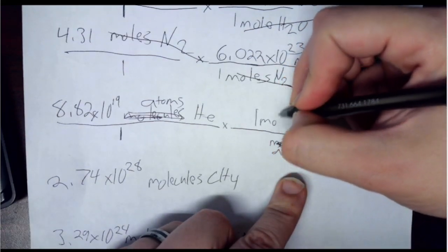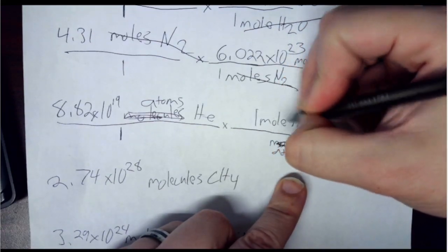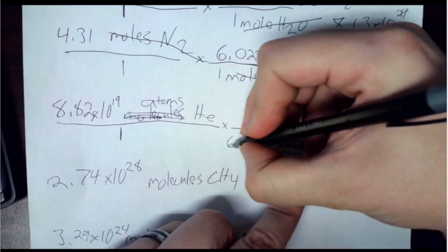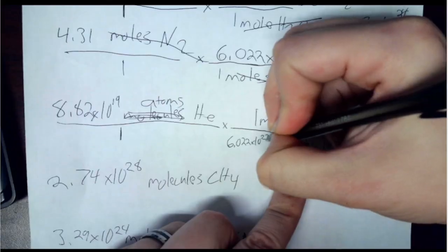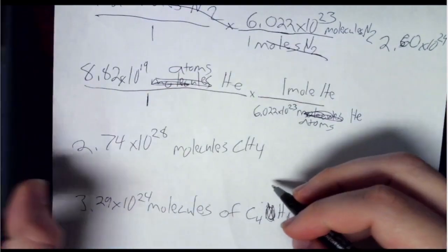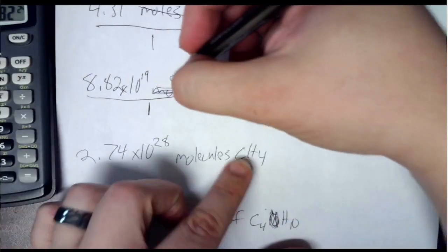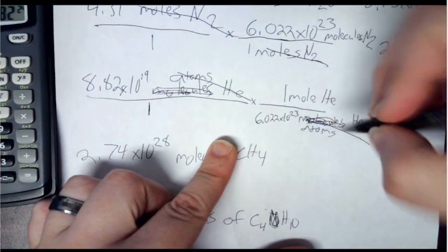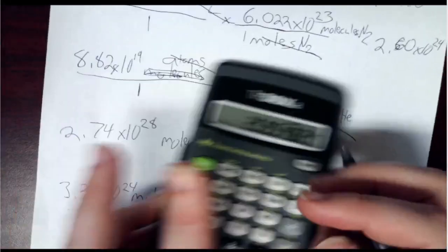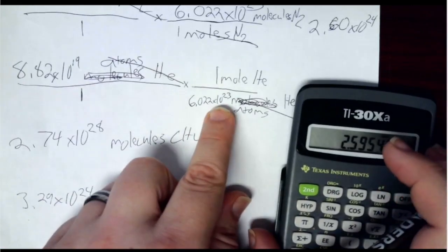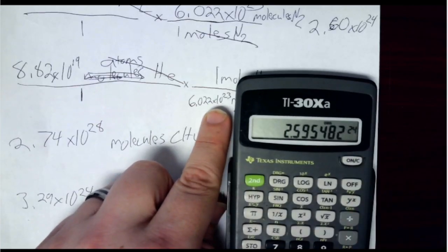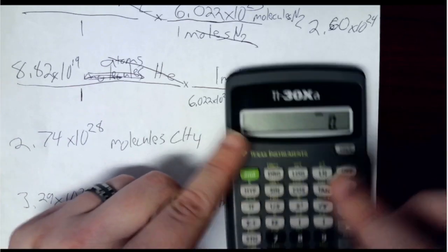For 1 mole of helium, well, 1 mole of helium is 6022 times 10 to the 23rd atoms. Now, atoms and atoms cancel out. Please note, this is a big number. However, this is a bigger number, so you should get a small number.